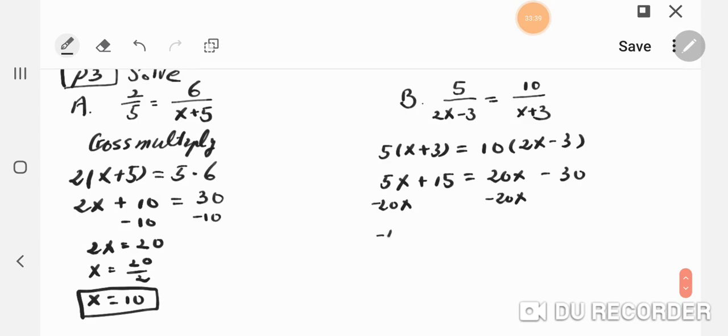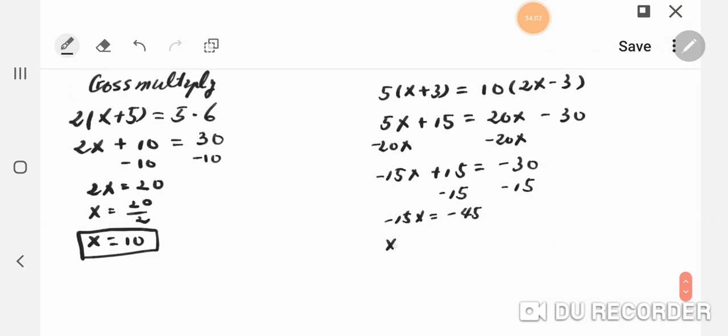Then negative 15x plus 15 equals negative 30. And then let's move 15 to the right, since we want the x variable on the left side. Then negative 15x equals negative 45. Then divide each side by negative 15.